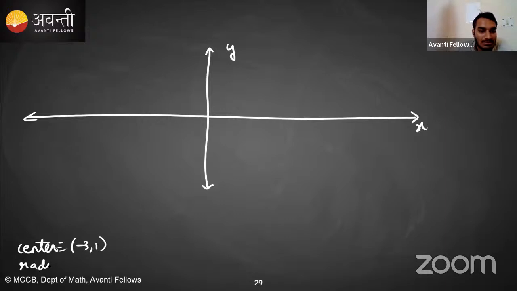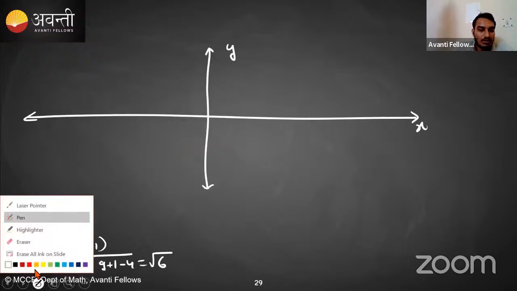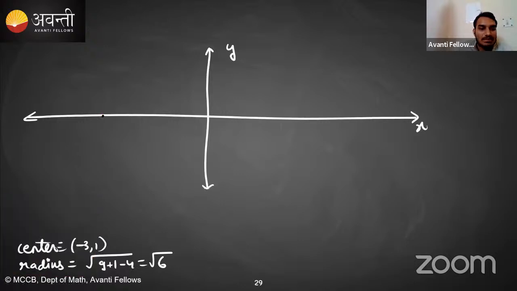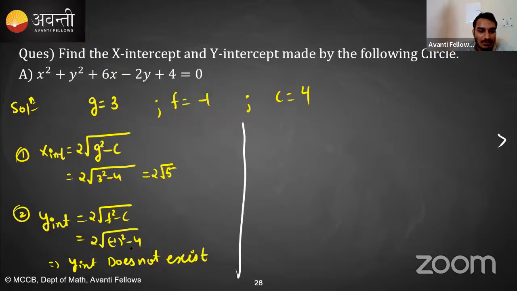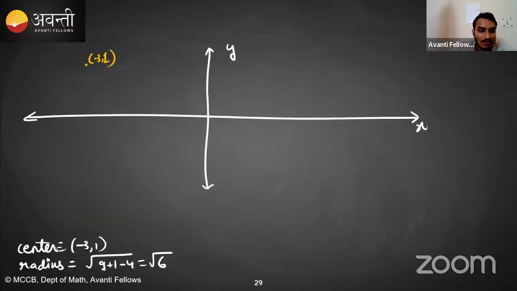Can you tell me the radius? The radius is root of g square plus f square minus c. What is c? 4, so the radius is root 6. Is this clear? So the center is minus 3 comma 1. The x-intercept is 2 root 5, and the y-intercept does not exist.